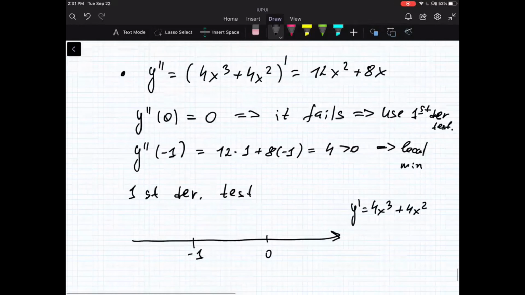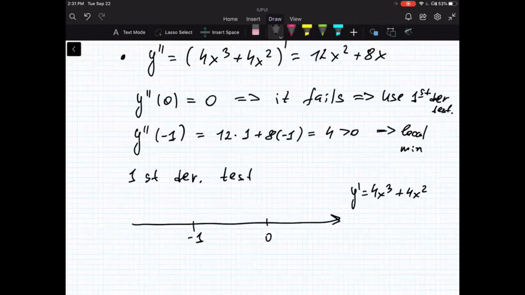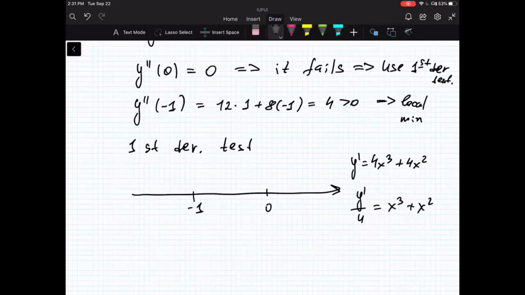For simplicity, of course, because I'm interested only in the sign, I can calculate the sign of y prime over 4. It will have the same sign as y prime, of course, so I will not get big numbers. And then I will choose test points, say minus 2, minus 1/2, and 1.